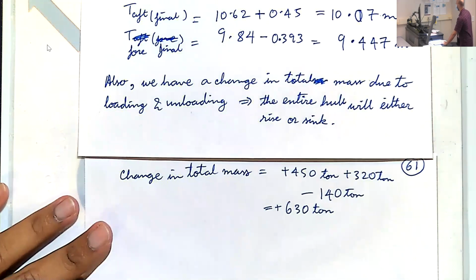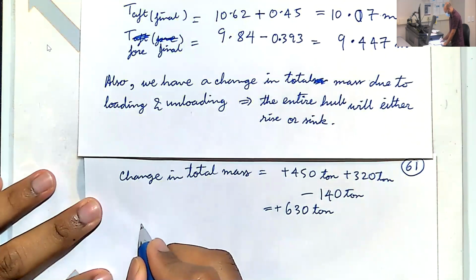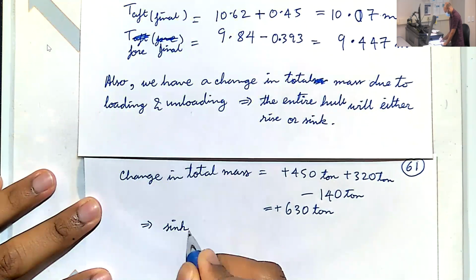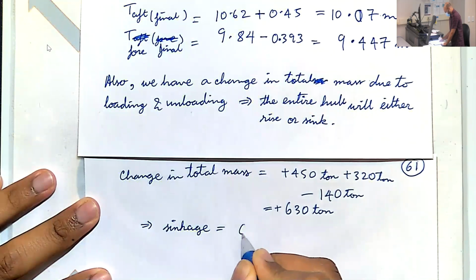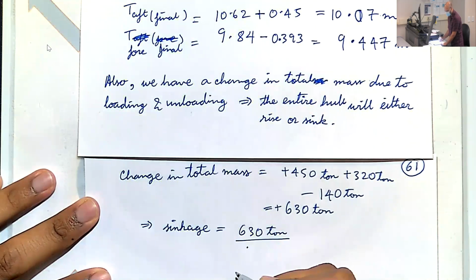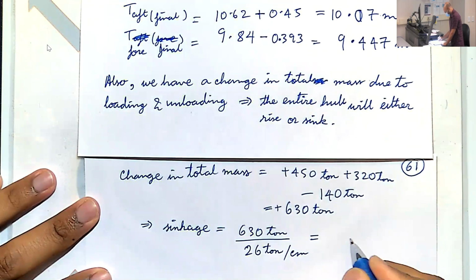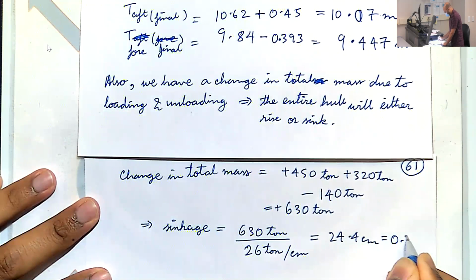With this, we expect our hull will ride lower in the water, meaning the total draft will increase very slightly. So this gives us sinkage is 630 ton divided by 26 ton per centimeter. And this gives us 24.2 centimeter, or 0.242 meter.